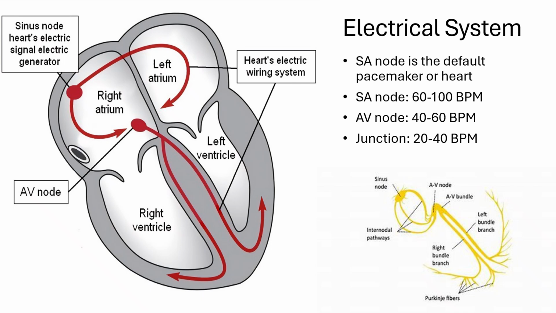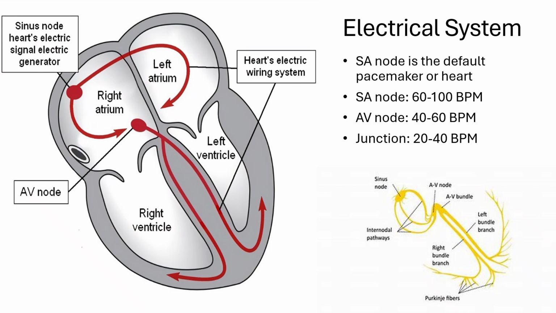The SA node is located in the right atrium, and it elicits that response. It's going to travel down into the AV node, allowing for the atria to contract. It's going to continue that impulse down into the bundle of His and into the Purkinje fibers, which are located in the walls of the ventricles, allowing for the ventricles to contract as well.